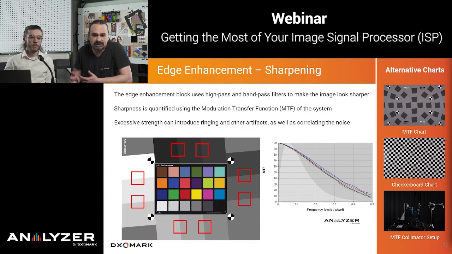It wouldn't really matter, because as you can see, the very high frequencies have very low weight in my average, so I don't really need to do that. The low medium frequencies have a stronger importance. So when you see a sharpened MTF, you're often going to see something that goes over 100% between 0 and 0.25, and then it goes rapidly down, and maybe it's very, very low after 0.3 or 0.4.